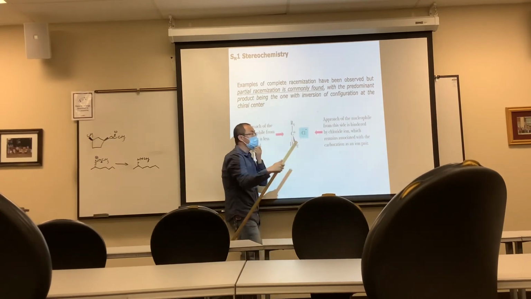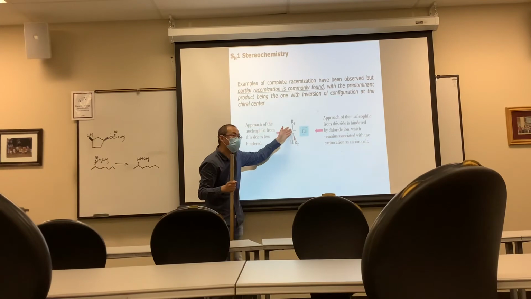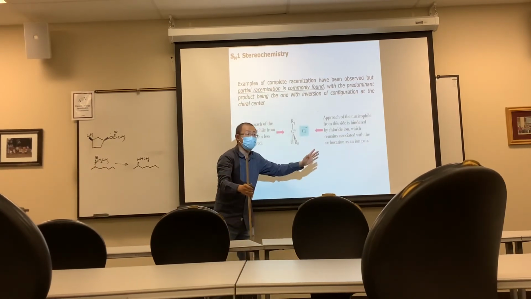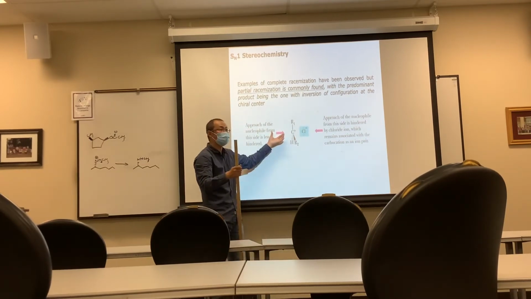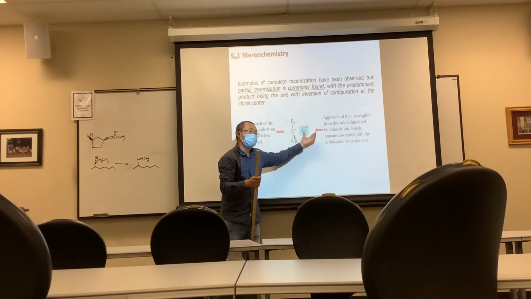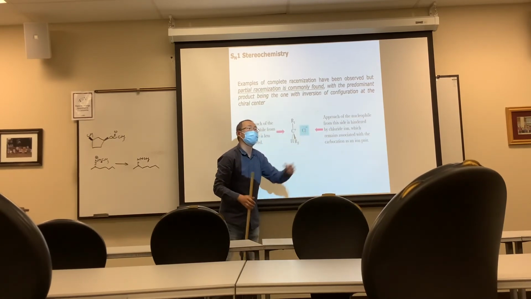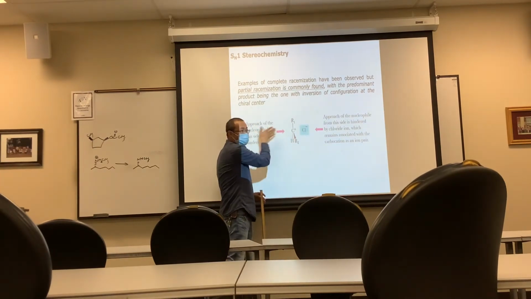So in reality, sometimes you will see more inverted product than this side. In other words, you may not see 50%, 50%. You may see 40%, 60%. Why? Because of the temporary ion pair blocking one side, you have more chance of attacking from the other side.